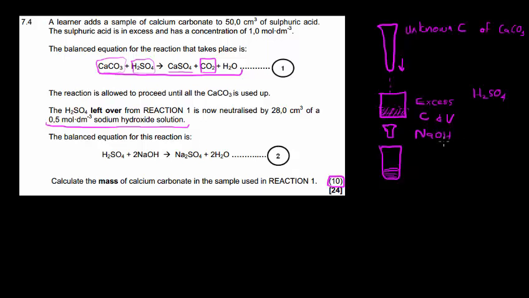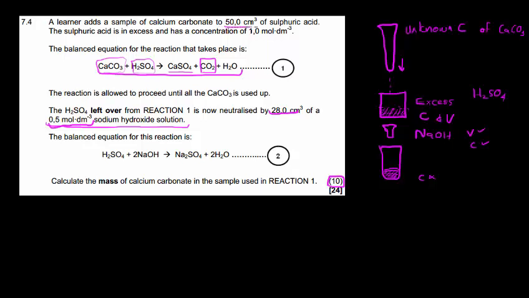Of the sodium hydroxide, we know the volume as well as the concentration. Do we know the concentration here? No, we knew what it was in the beginning, but now we don't know how much it is now. So the concentration is unknown. We still know the volume though.